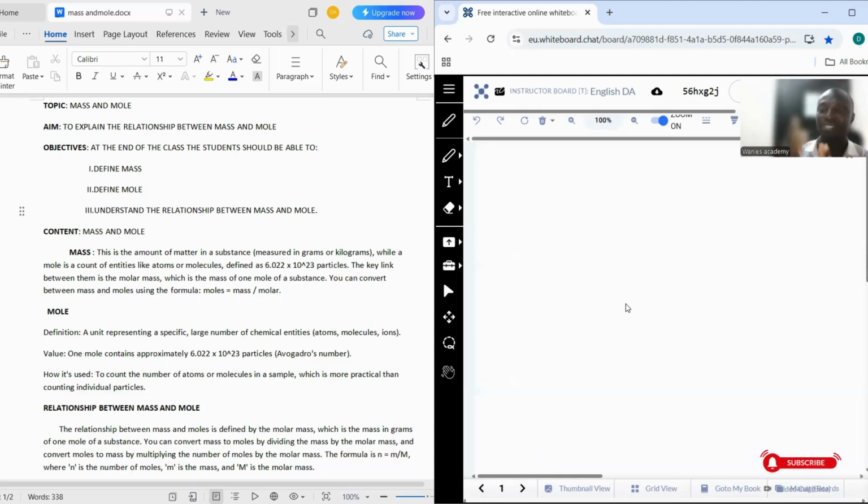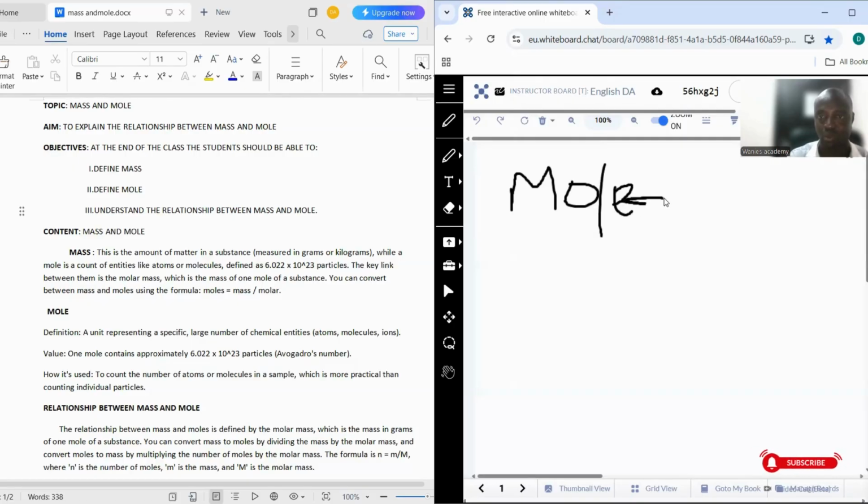Now, usually, there's a mathematical relationship that exists between mole, mass, and molar mass. This mathematical relationship is given by an equation that goes thus. So we have mole, the symbol for mole is small letter n.